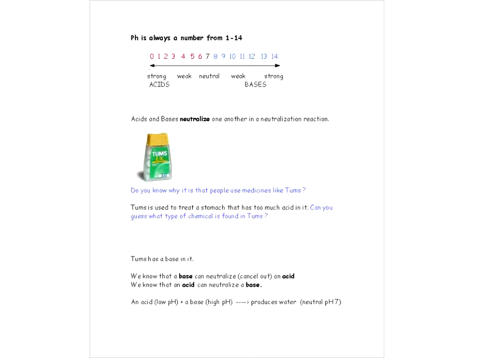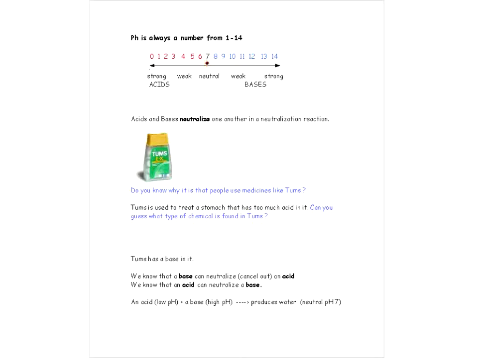We'll get started then. First of all, you can see here that we've got a little diagram that's talking about pH. And as you know, pH numbers always go from 0 to 14, 0 being the strongest acid, and 14 being the strongest base.